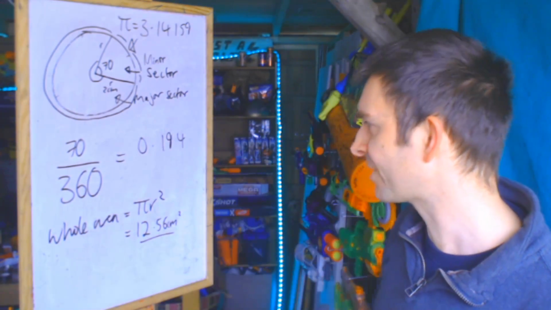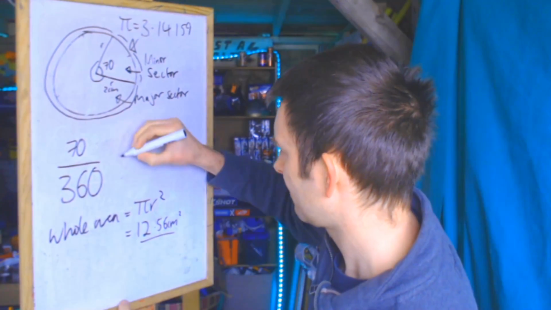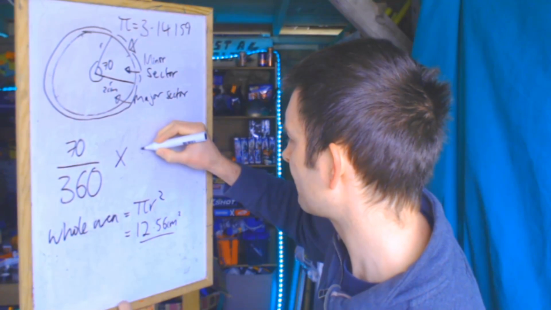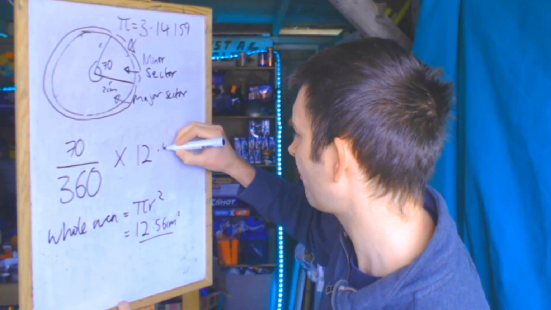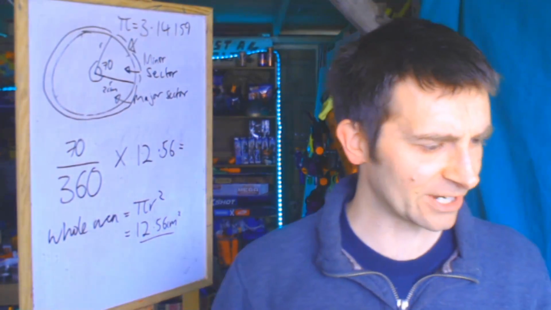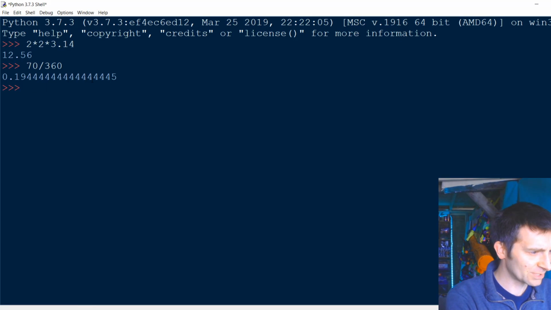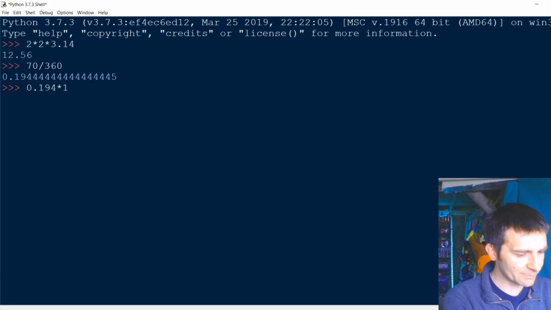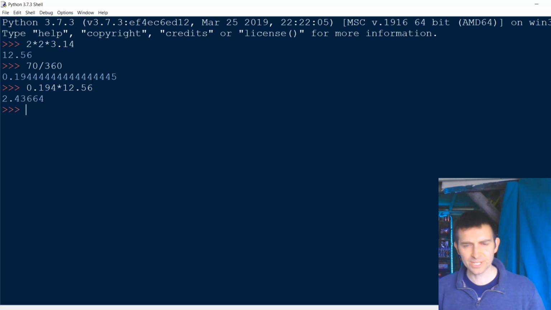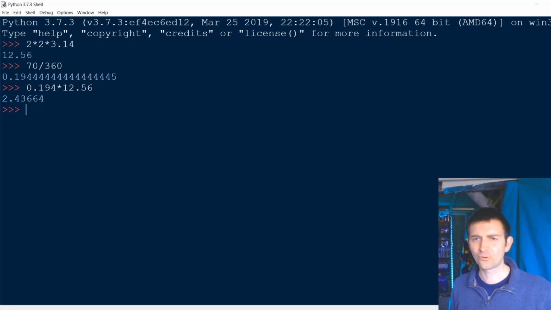So 70 over 360 times the area, which is 12.56, which is going to be equal to, and let's go back to Python to help us with that again. 0.194 multiplied by 12.56. And so our answer for that is going to be 2.44, let's round it.